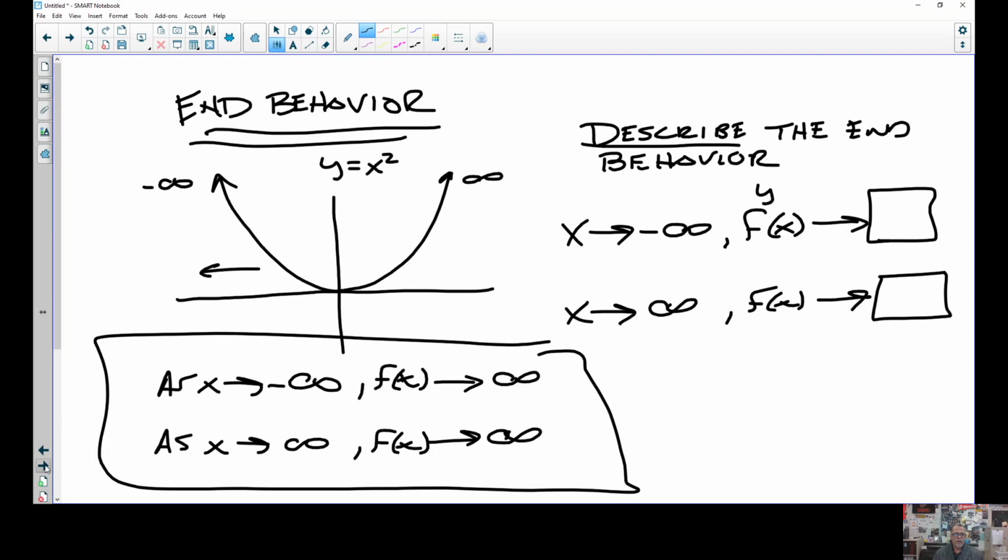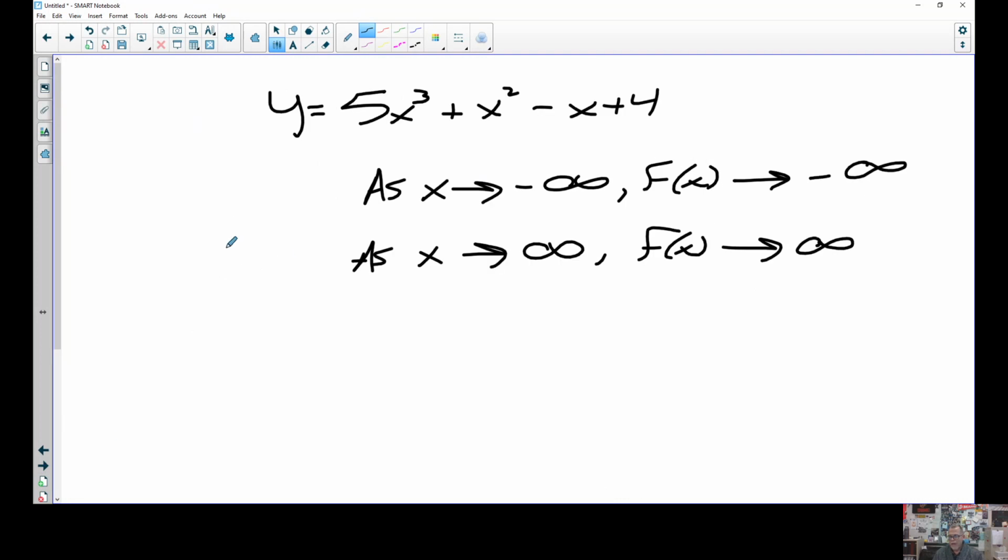The next thing we're going to look at is being able to describe the intervals where something is increasing or decreasing.